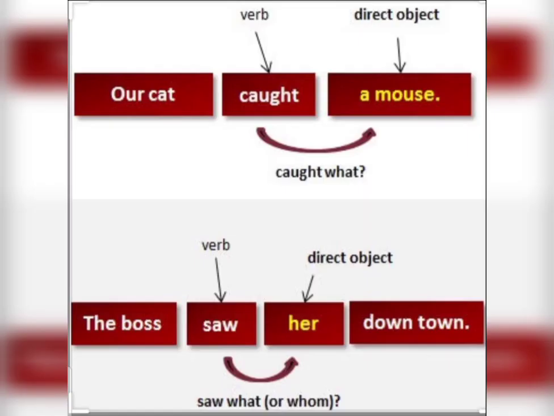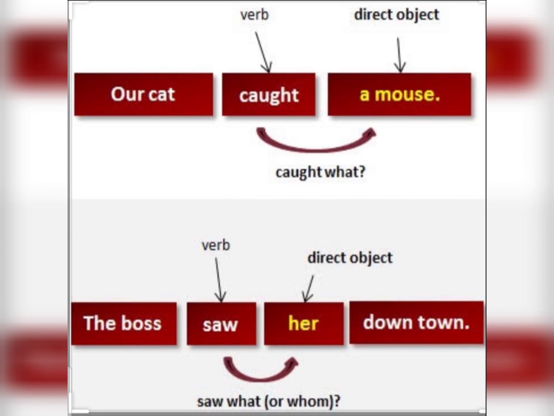So let's solve some more examples of direct object so it will be clear for you. Our cat caught a mouse. In this sentence, our cat is the noun or subject. Caught is what? It's an action word, it means it's a verb. So ask the question with what. What did it catch? Yes, it caught a mouse.